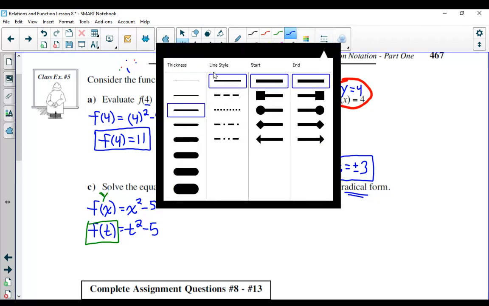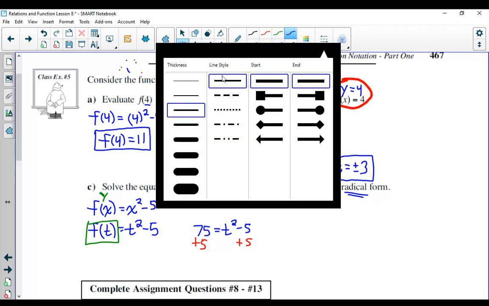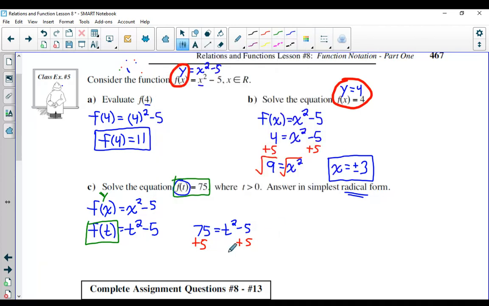So this would then be 75 is equal to t squared minus 5. Let's get t squared isolated, so add 5 to both sides. And then you would have 80 is equal to t squared.